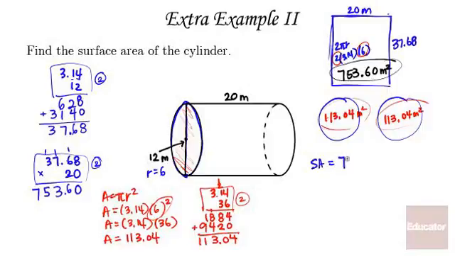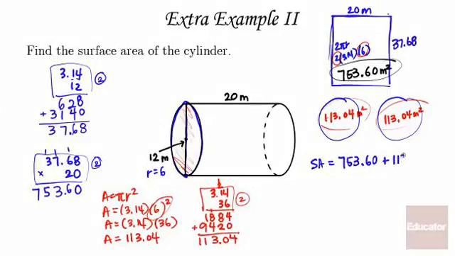So 753.6 or 60. Remember, if this is a 0 that's behind the decimal point and at the end of a number, you can just drop it, okay? Plus my circles.